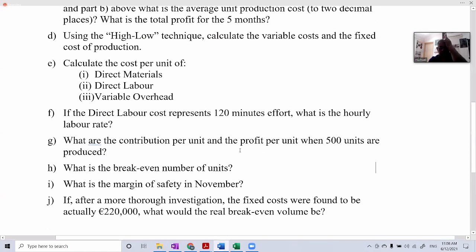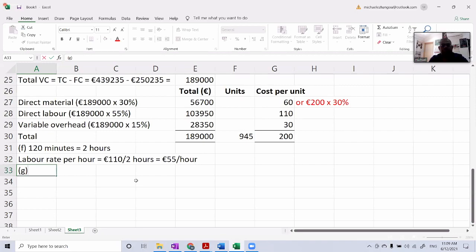G: what is the contribution per unit and profit if 500 units are produced? All right, now contribution per unit must be constant at whatever number of units. But assume 500 units are made and sold.